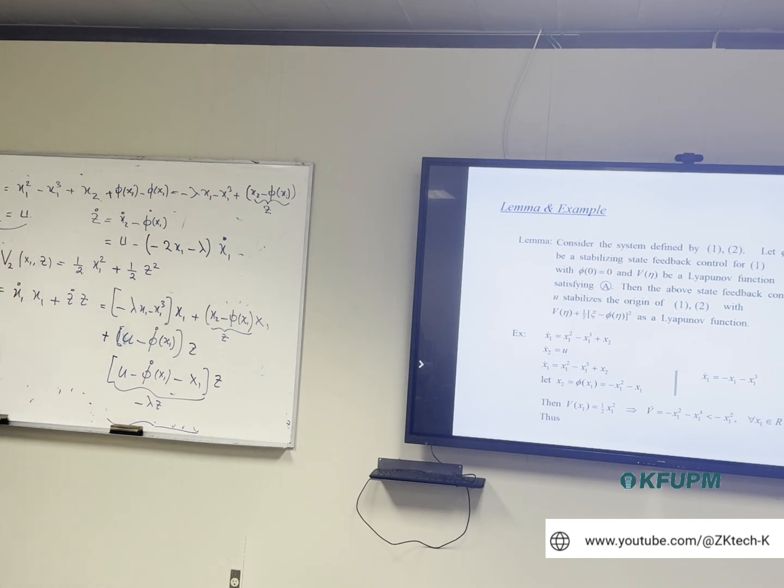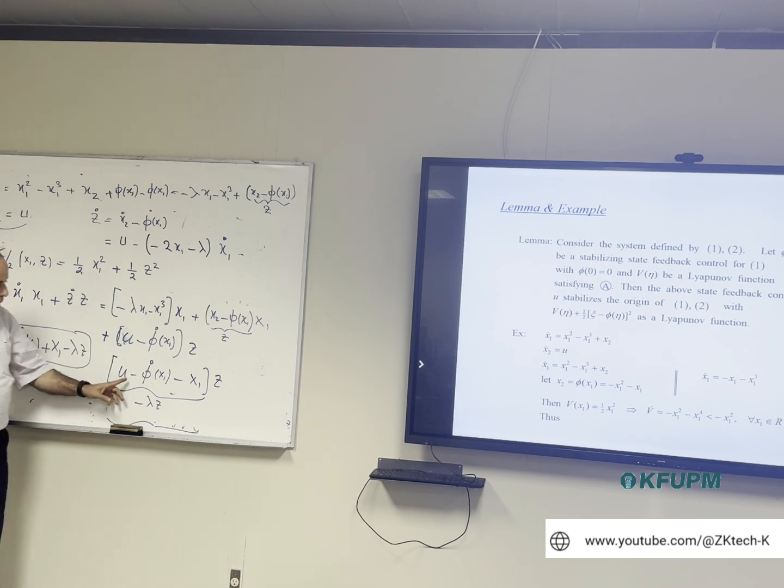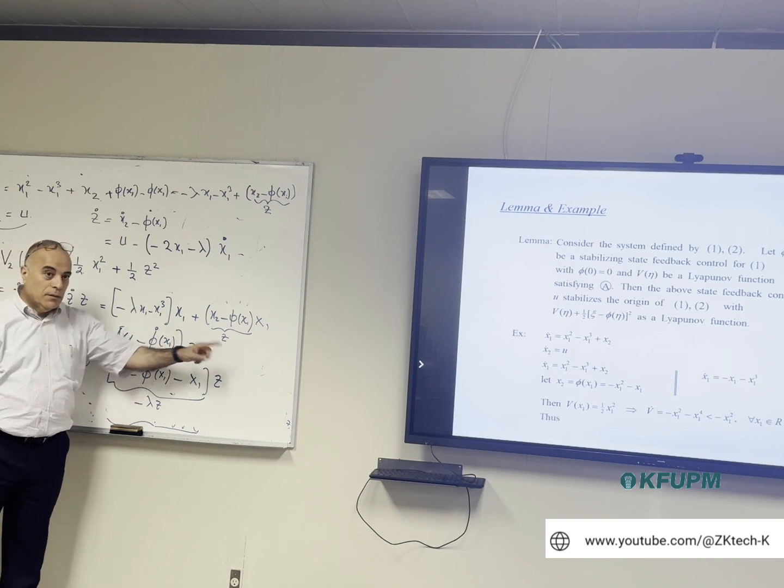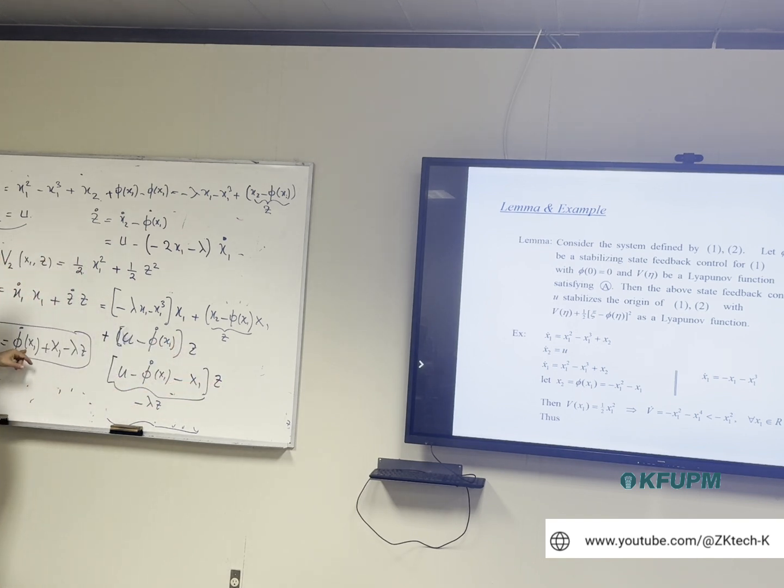So I will have u equal to phi prime of x1 plus x1 minus lambda z. This is your input and your controller for the system. Plus x1, so u, this term equal to minus lambda z. So we take everything to the right side, so this will be plus, and this one is plus.